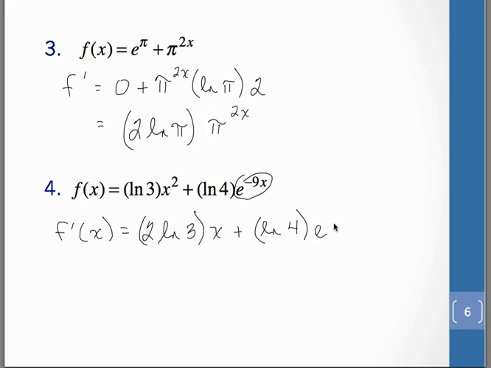So we'll have e to the negative 9x times negative 9. So we can rewrite it a little bit. We have 2 natural log of 3 times x. We can make this minus 9 natural log of 4 perhaps, e to the negative 9x.